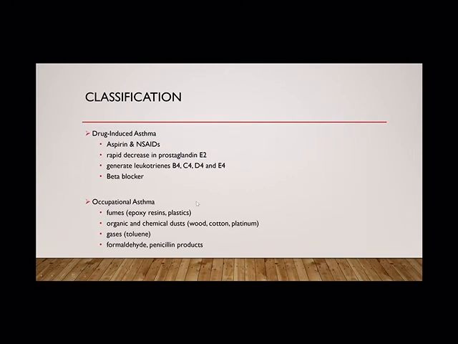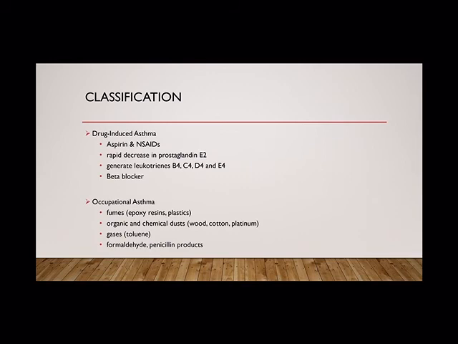Okay. So next is your occupational asthma. That is fumes, organic and chemical dusts, gases, formaldehyde, penicillin products, all can cause occupational asthma. Even a small amount of these fumes and organic chemical dusts can lead on to asthma.